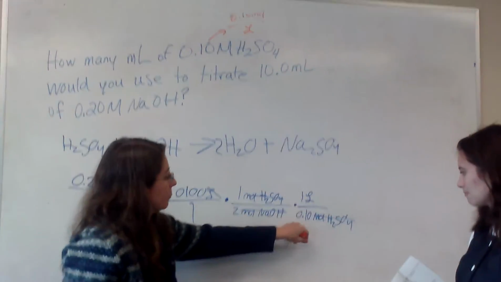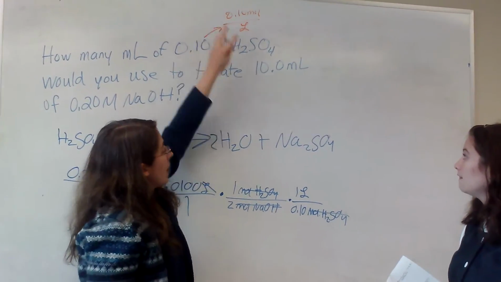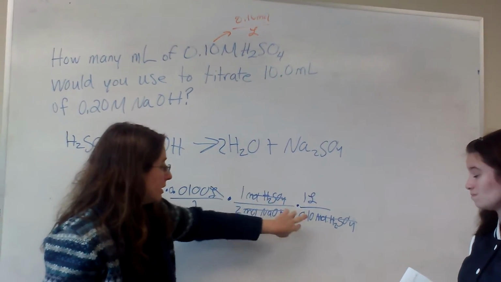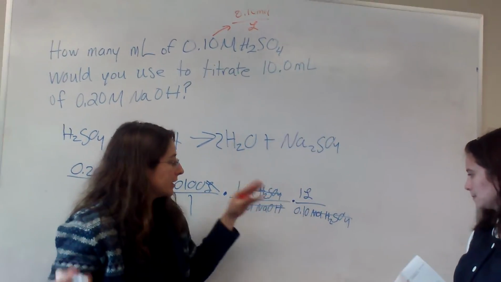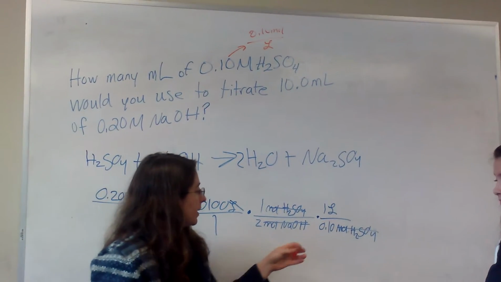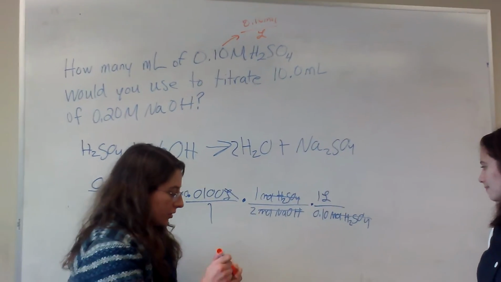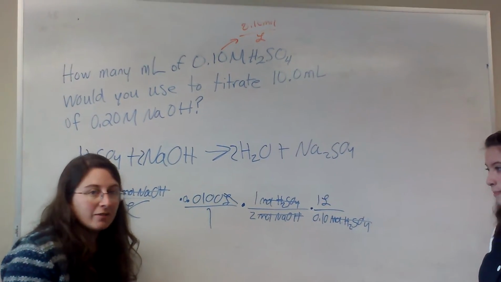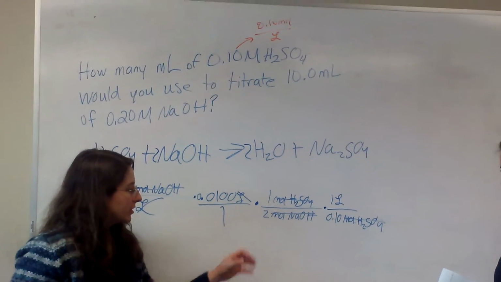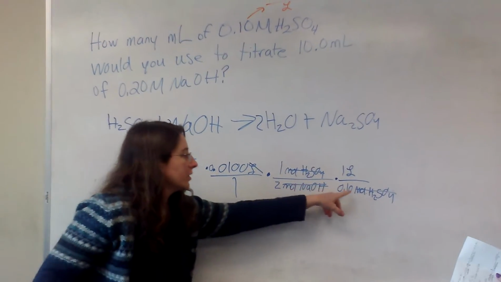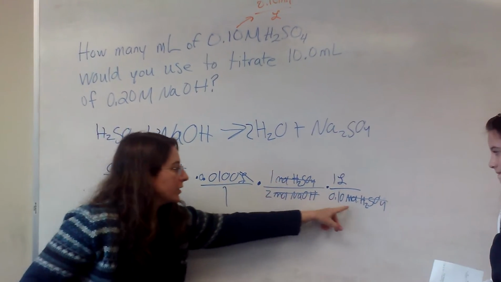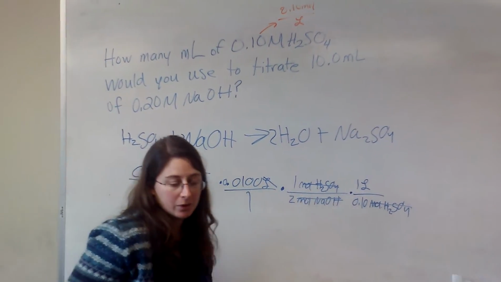But you need to cancel moles. So instead of writing it that way, you can flip your concentration, invert that fraction. So you're basically dividing by molarity instead of multiplying by it. And that allows you to cancel the moles. Take the units you have and use them however you need to get what you need. But make sure that you're canceling the right unit with the right unit, right chemical with the right chemical.